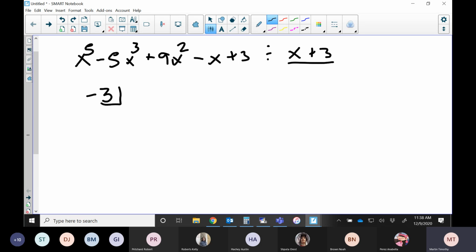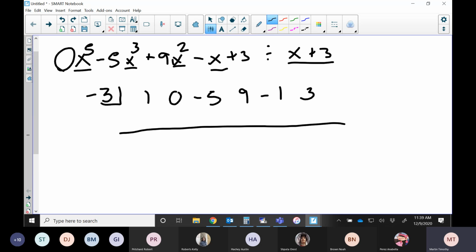Negative 3. Make sure you go from 5 to 4, which it skips, then 3, then 2, then 1. So what's the coefficient here since there's nothing there? A 1. There's no x to the 4th, so I put a 0 placeholder. Then I write negative 5. Then I write 9. Then I write negative 1. And then I write positive 3. Those are all the coefficients from right here.